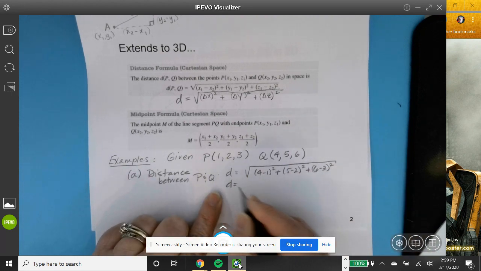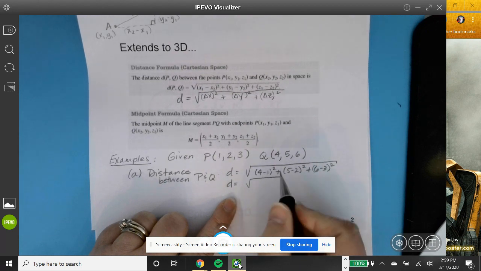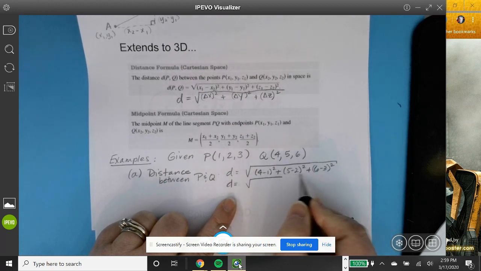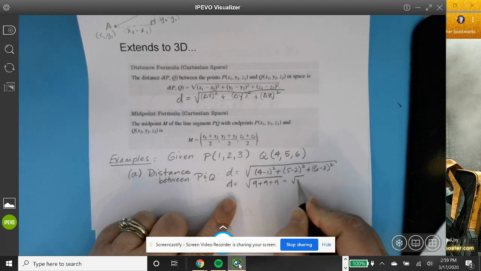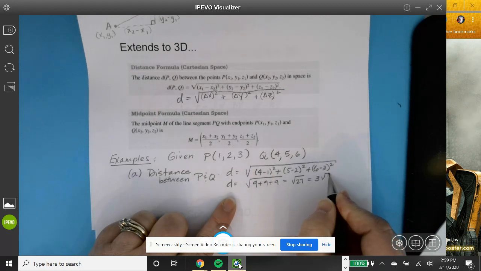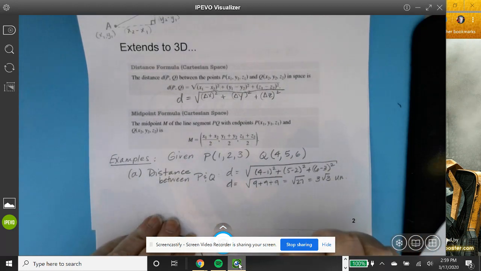So the distance is the square root of 3 squared, 3 squared, 3 squared. That's 9 plus 9 plus 9, which happens to be the square root of 27, which is 3 root 3. We'll just put units on here, whatever units you're in.